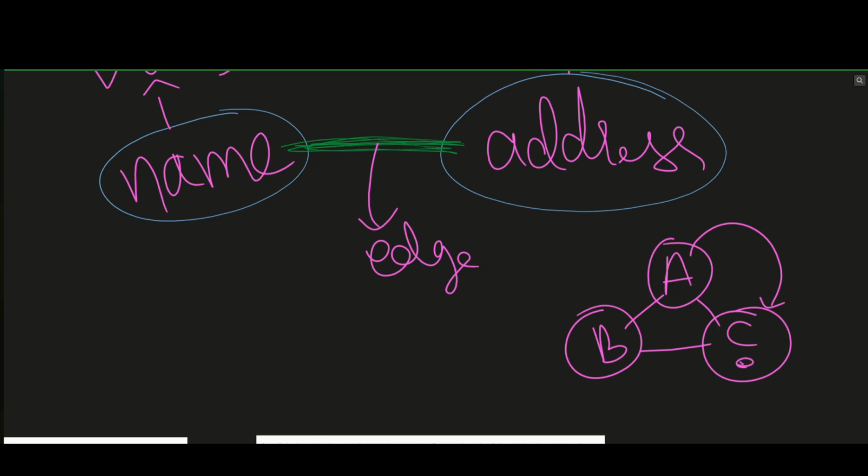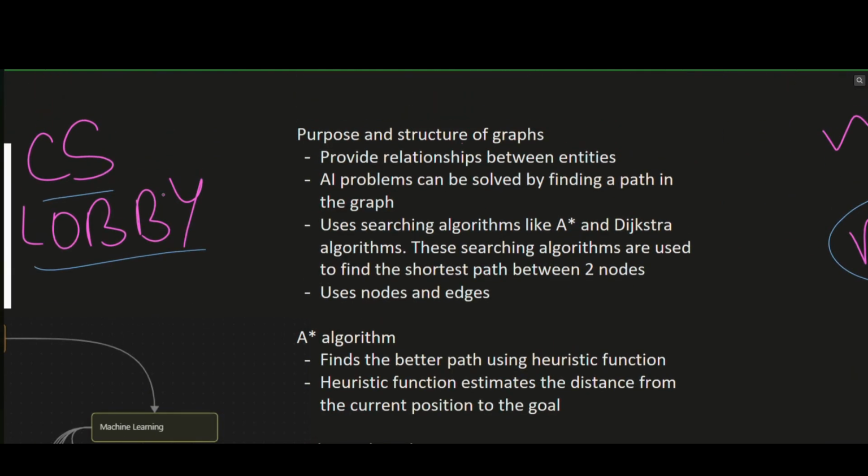I can go back using back propagation, or I can use a searching algorithm, using A star or Dijkstra, and I have found B. So this is found.